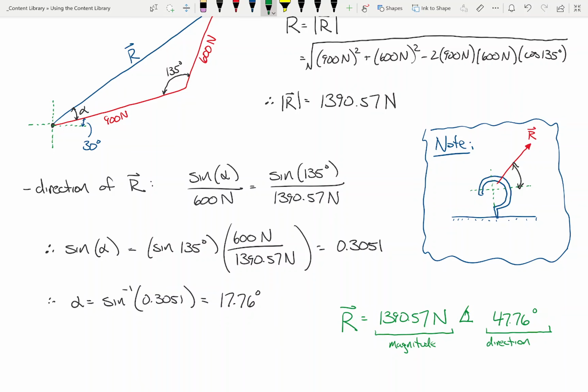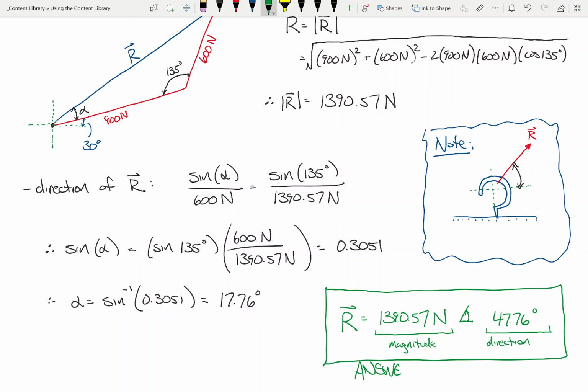So my answer is 1390.57 newtons at an angle of 47.76 degrees. And it's written in such a way that we all can interpret it the same fashion. This is the magnitude, this is the angle, from the horizontal we go up. Does that make sense? There's no ambiguity in how it's written.